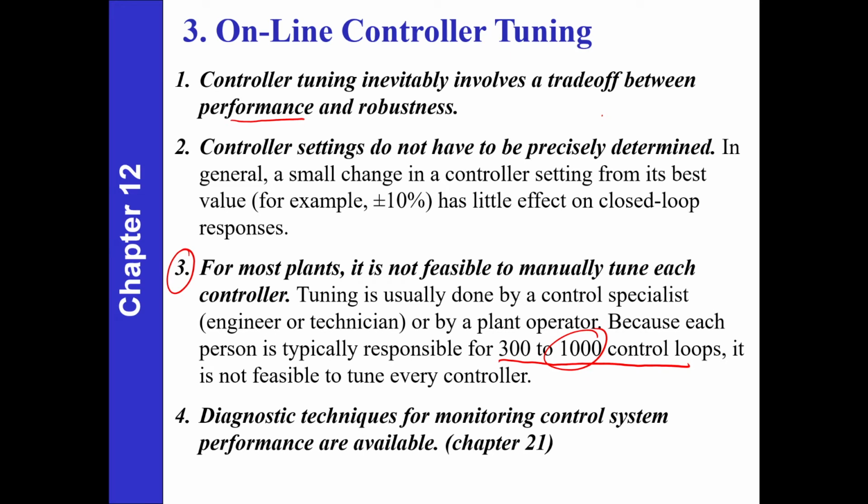That is impossible. So that is why people do online tuning, at that particular machine, at that particular plant. And diagnostic technique is actually chapter 21. It's not in your syllabus, don't worry, unless we offer advanced process control. Last time during my study I took advanced process control.